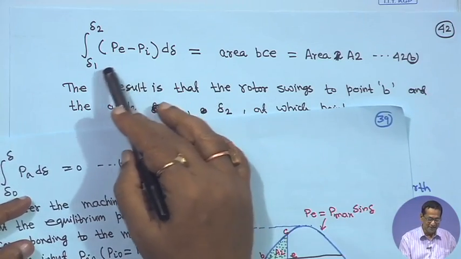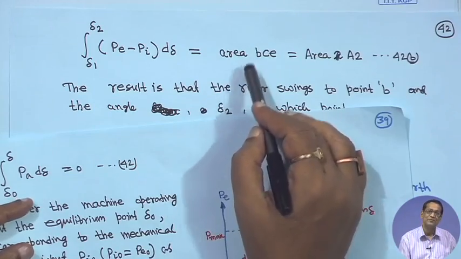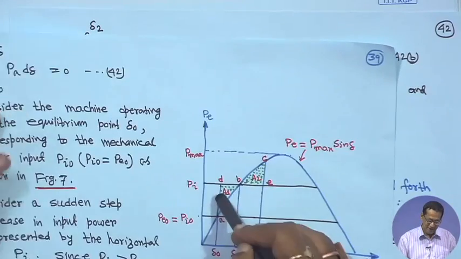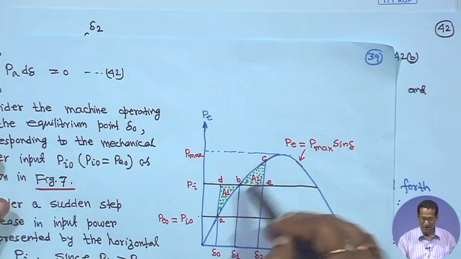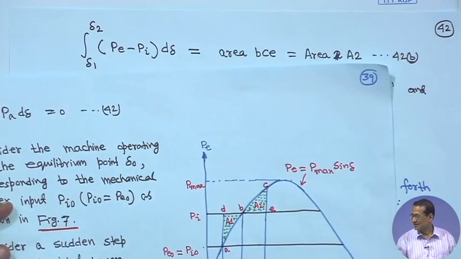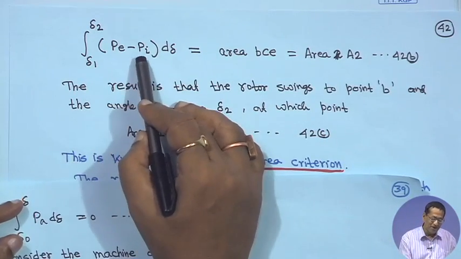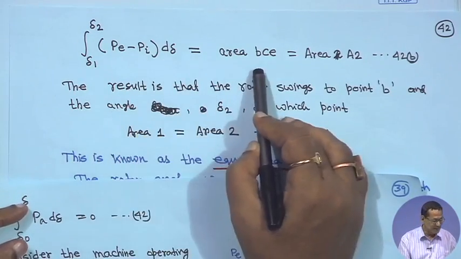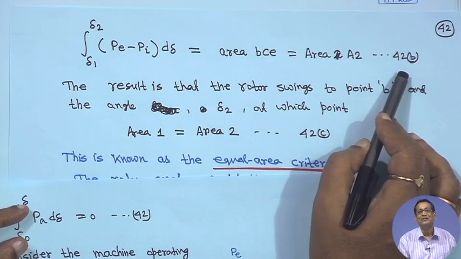But directly we are writing P minus P I: decelerating means it would become negative if you take P I minus P, and here it is storing, so it will be positive. Here we have written the integration from delta 1 to delta 2 of P minus P I d delta, that is area B C E equal to area A 2. This is equation 42b.